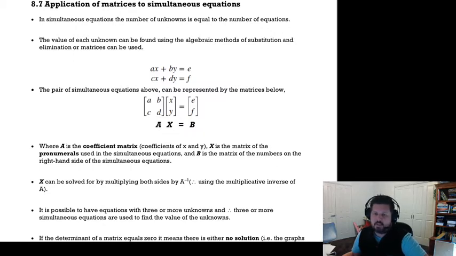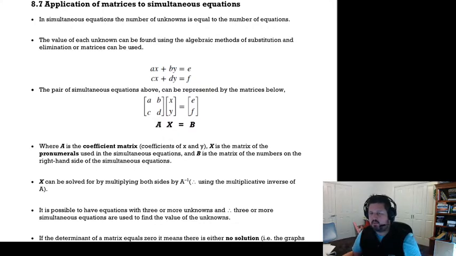The next matrix here is where each of the variables are listed. We're dealing with x and y here. They are listed as follows. After the equal sign here, we're going to write down what each of those is equal to. The first equation was equal to this value here, e, so it gets written first, and the value of the second equation, what it was equal to, is written here.